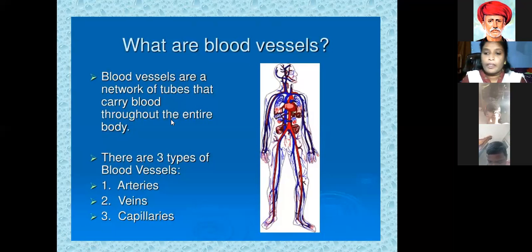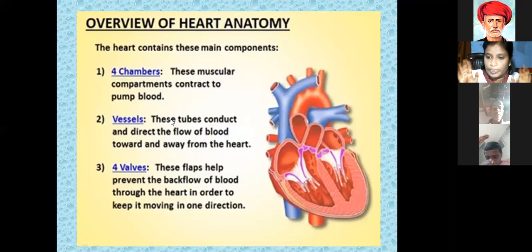The heart contains 4 main components. The first one is the 4 chambers, the second one is blood vessels, and the third one is the 4 valves. These are the main components in our heart.